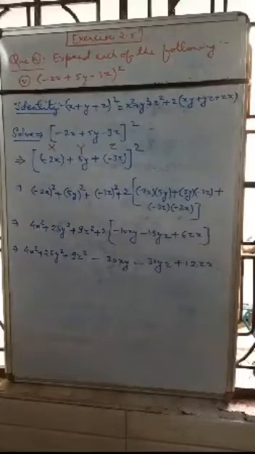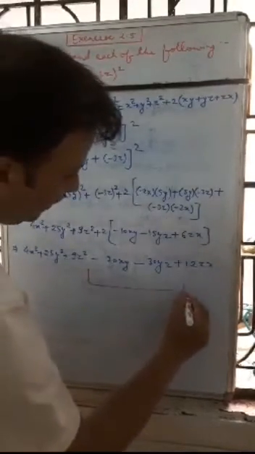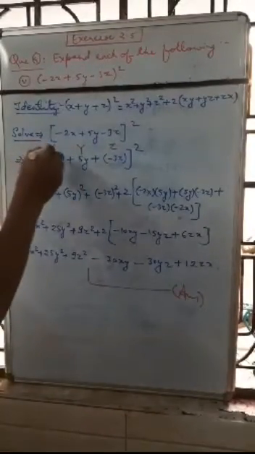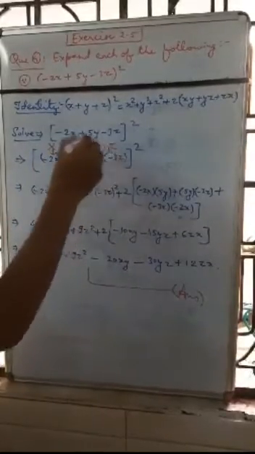It is the solution of the problem, the expansion of the given problem, or the answer of your problem. We assumed that this is x, this is y, and this is z.